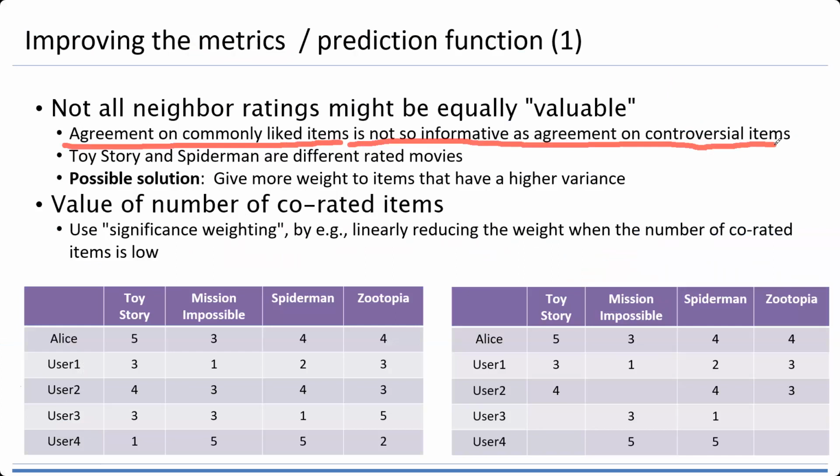Maybe I like one movie and one of you likes the movie that I like, but it can be a coincidence. But usually, controversial items are more informative. Controversial means something that many people don't like, or something on social media where it appears that this movie is bad, this movie is not good.